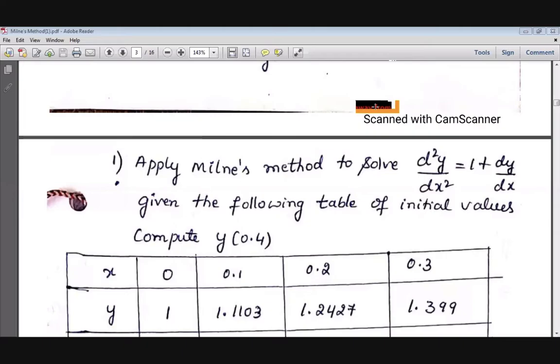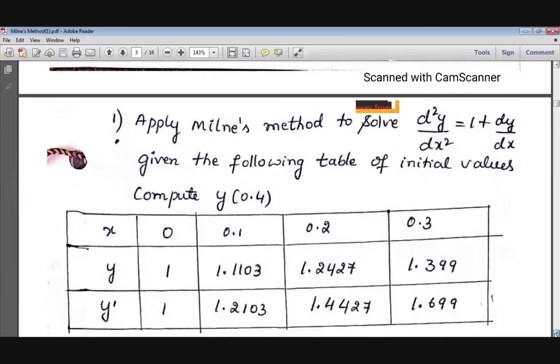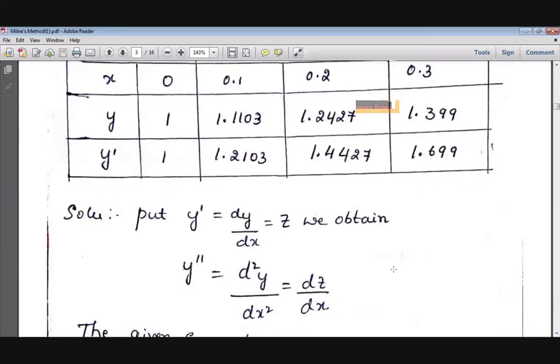Understood, everybody? Understood first problem? Understood?